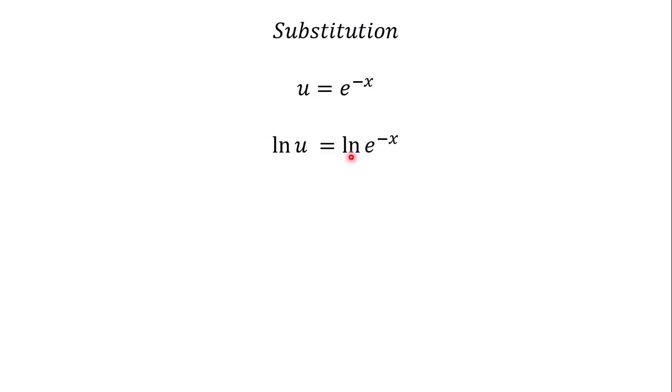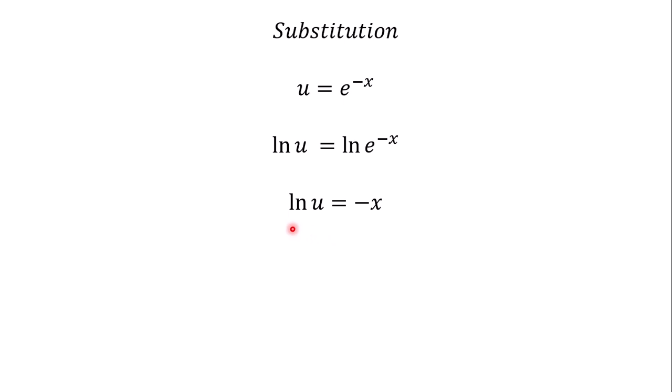We know that the base of the natural log is e, and the number here is e. From the laws of logarithm, when the base and the number are the same, they cancel out, to be left with the minus x. So this e and the natural log cancel out, to be left with minus x. So you get natural log of u is equal to minus x.